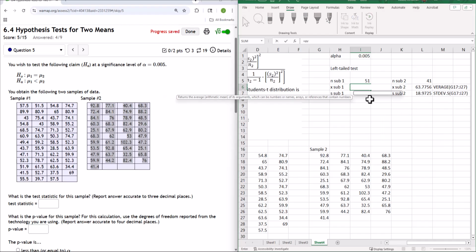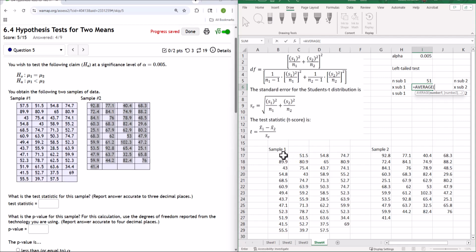Then the average and the standard deviation of the sample for the second one, making sure I get them all.